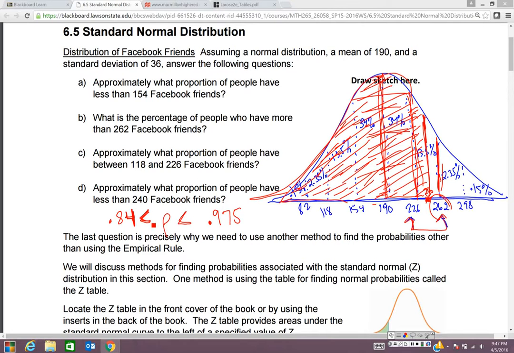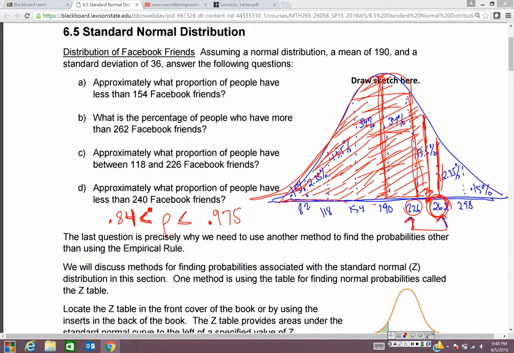So I know that the proportion must be between 0.84 or 84% and 0.975 or 97.5%, because it's in between this value 226 and 262. So if your proportion was between these two numbers, then you guessed correctly.